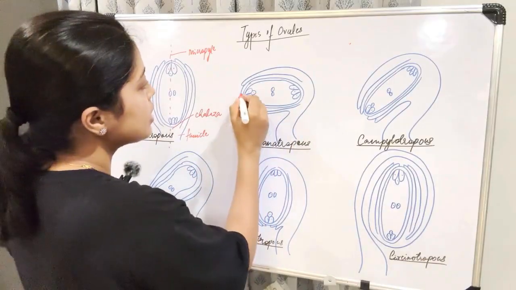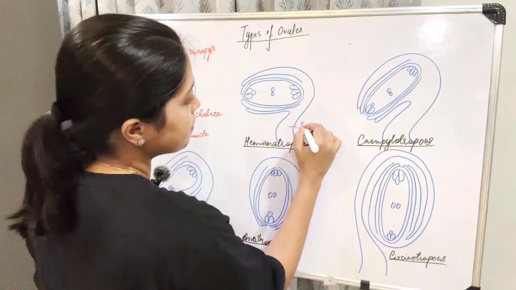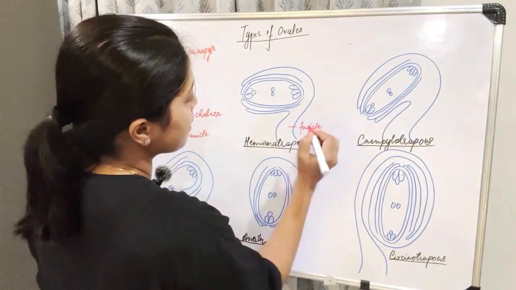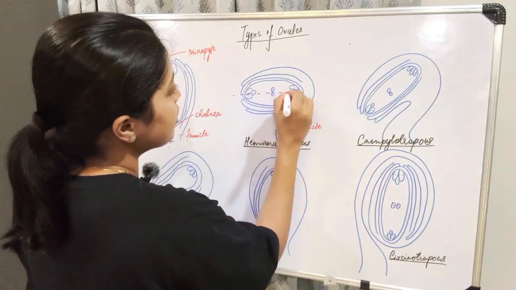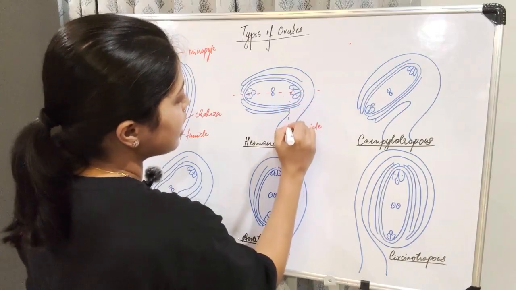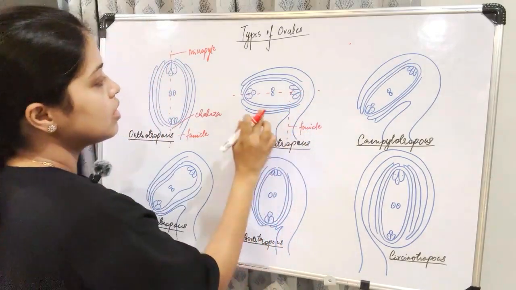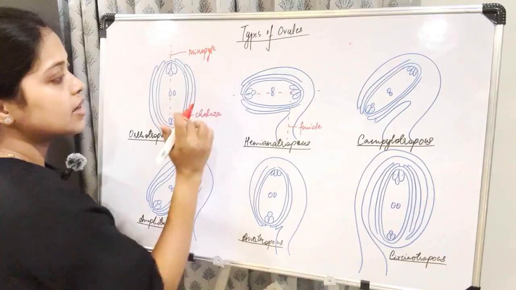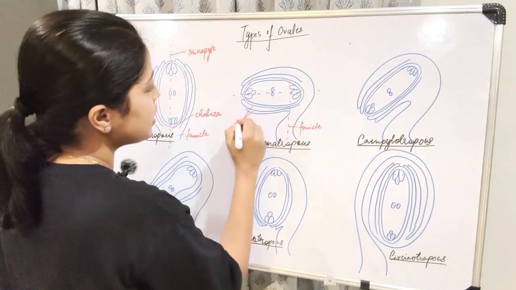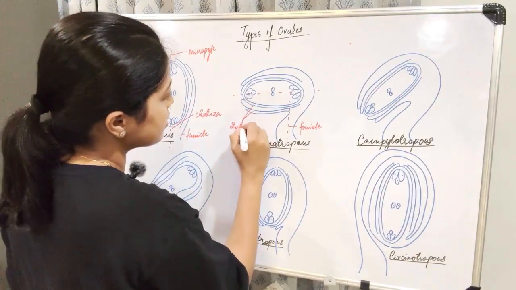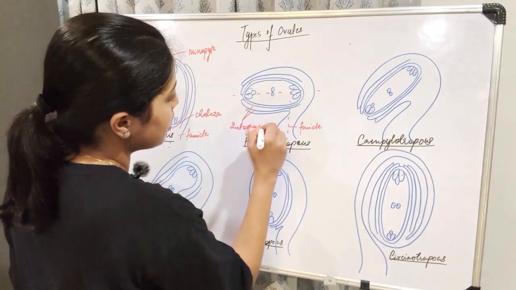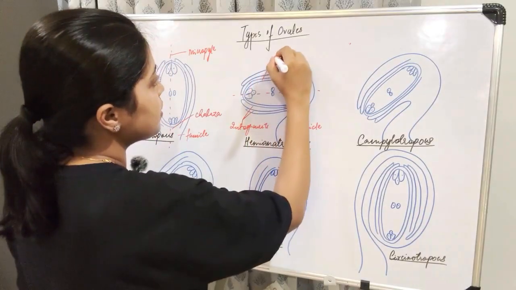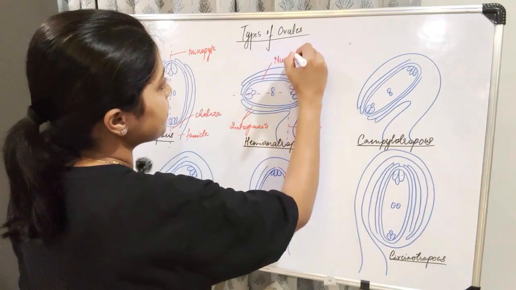Hemianatropous means when the ovule takes a 90-degree angle. Here, this is your funicle, and the funicle is at right angle with your integuments and nucellus. These 2 layers are of integuments, and the inside one is the nucellus.